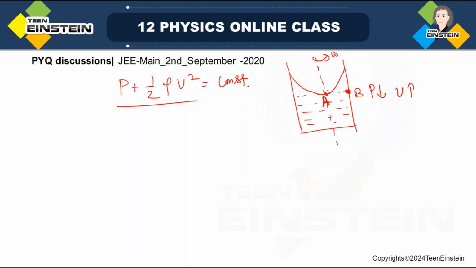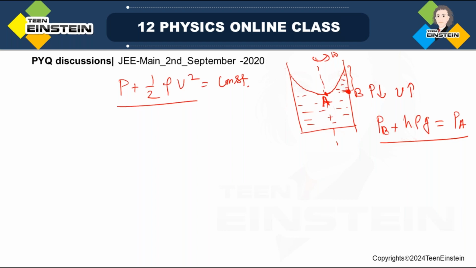To make the pressure the same, this height has to rise at the edge such that the pressure PB plus H rho G must be equal to PA. So this is why there will be a rise of liquid at the edge.